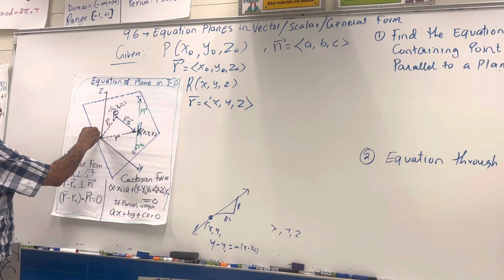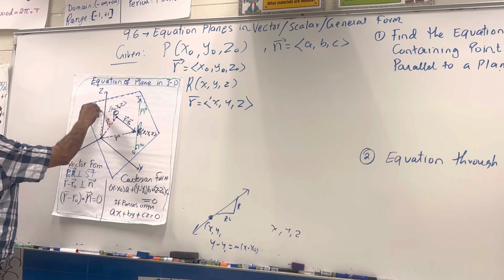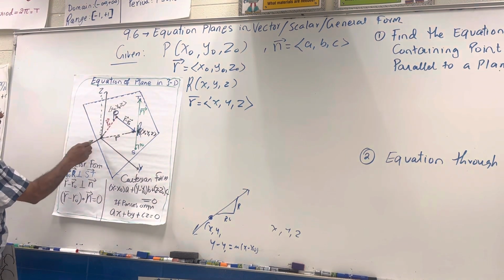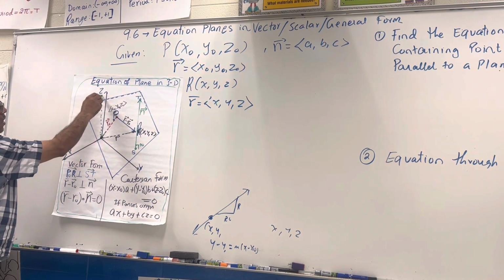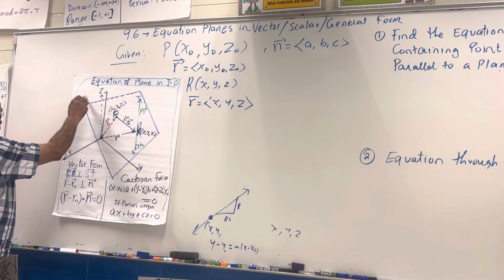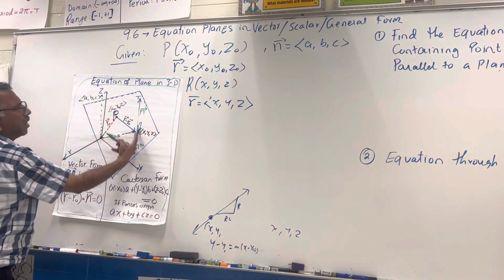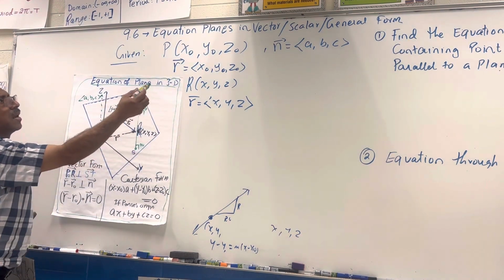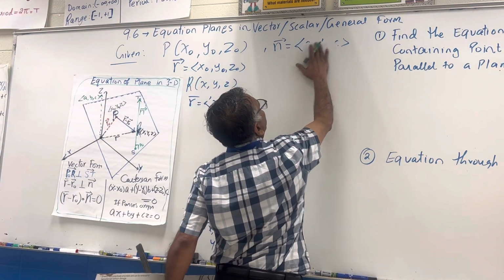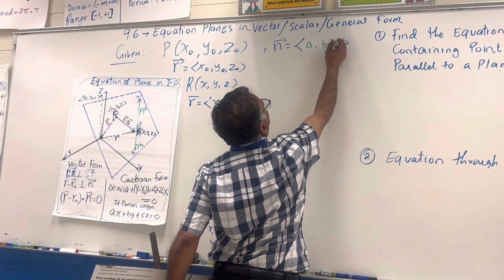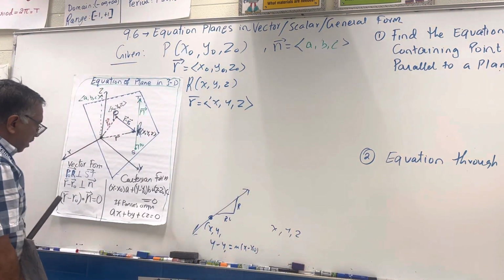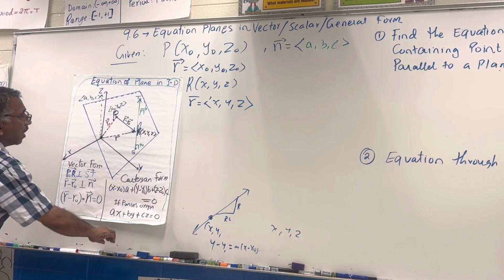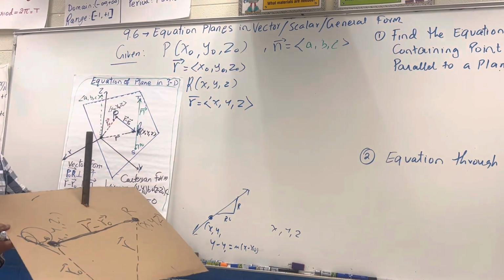This green one could also be the same thing, as long as it is perpendicular. So if I draw it from here, it is represented by a, b, c. So this vector is the green vector a, b, c here. Now the next is how do we find now, so here it is.